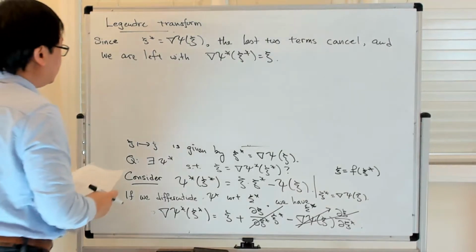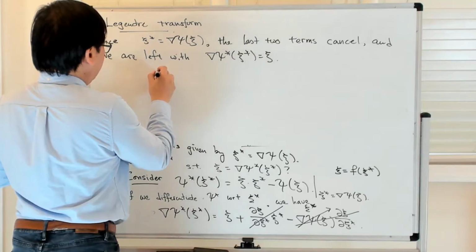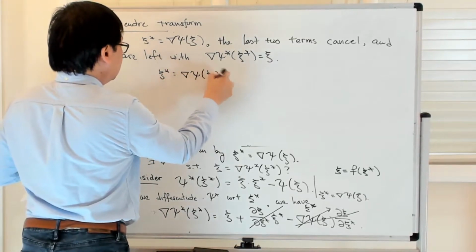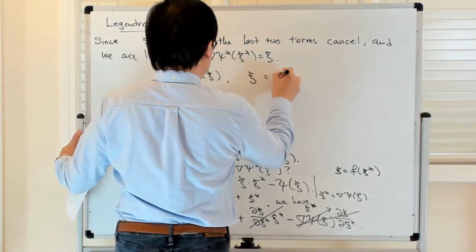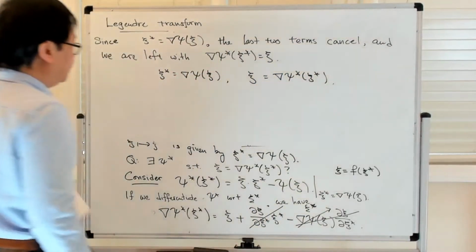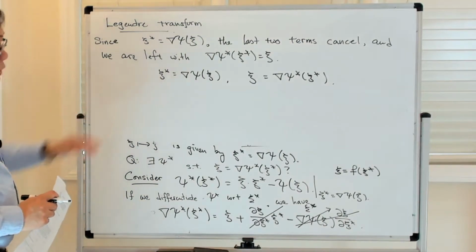Okay, so now we have this nice duality where on the one hand c star is equal to the gradient of psi at c, and c is equal to the gradient of psi star at c star. That's what we set out to do.